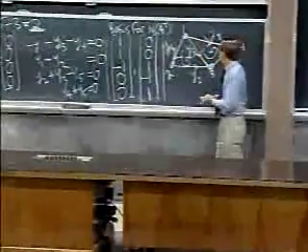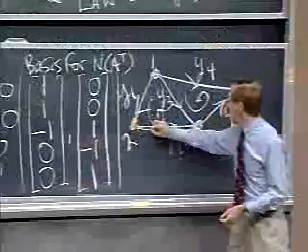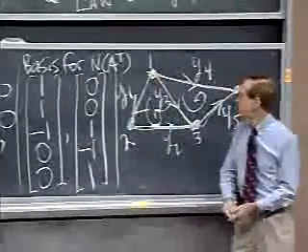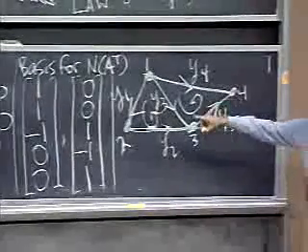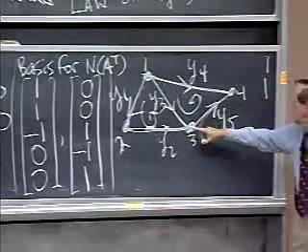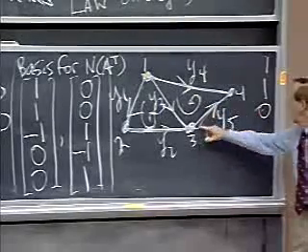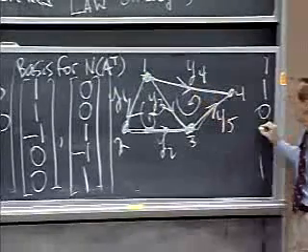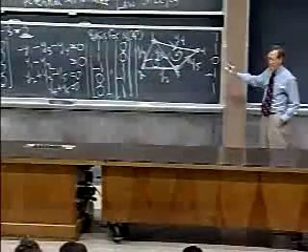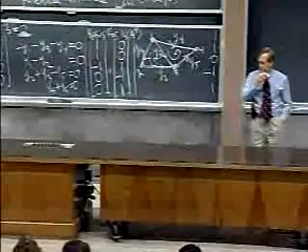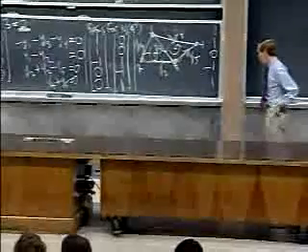Of course, you would say, what about sending current around the big loop? What about that vector? 1 for Y1, 1 for Y2, nothing on Y3, 1 for Y5, and -1 for Y4. What about that? Is that in the null space of A transpose? Sure.